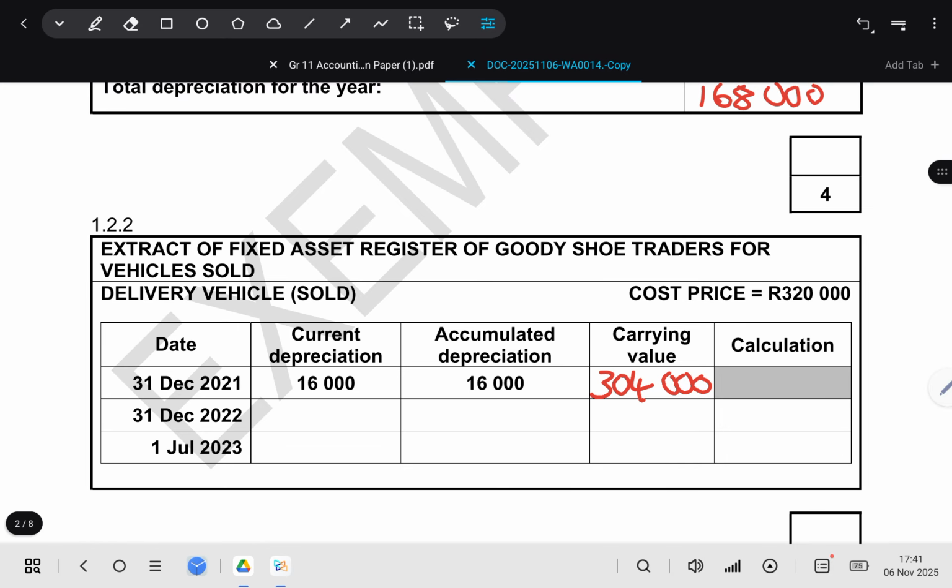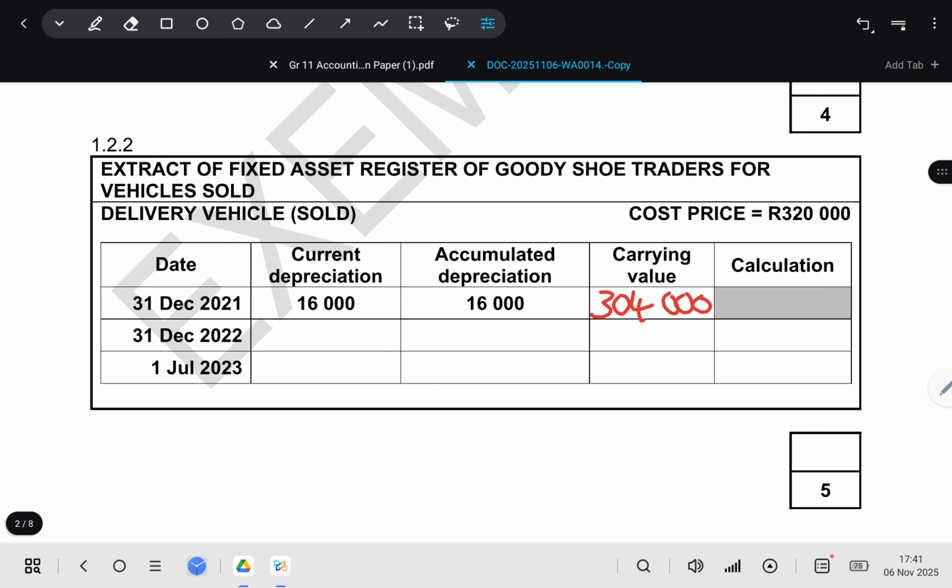Now in the second year, in the year that ended 31 December, remember this vehicle will be with us for the entire year. I don't know whether they want you to show how you are going to do this calculation here, but I suggest you only show the part where you calculate depreciation on the carrying value.